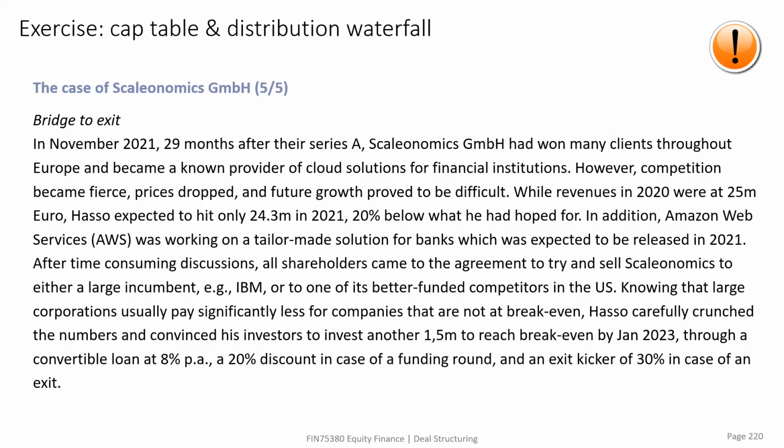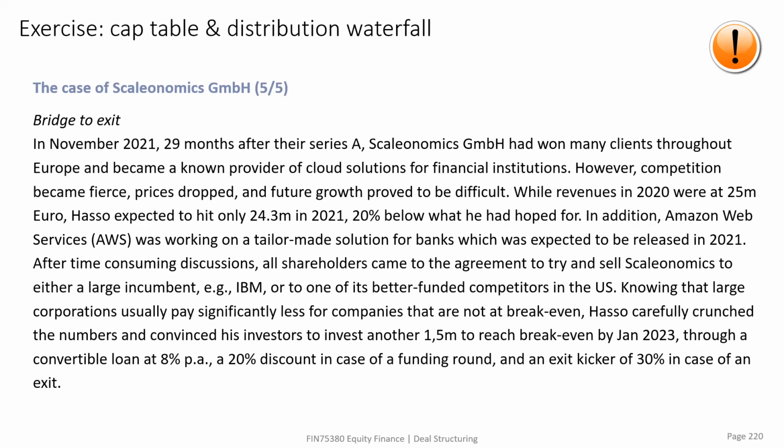In addition, Amazon Web Services was working on a tailor-made solution for banks, which was expected to be released in 2021. After time-consuming discussions, all shareholders came to the agreement to try and sell Scalenomics to either a large incumbent, for instance IBM, or to one of its better-funded competitors in the US.